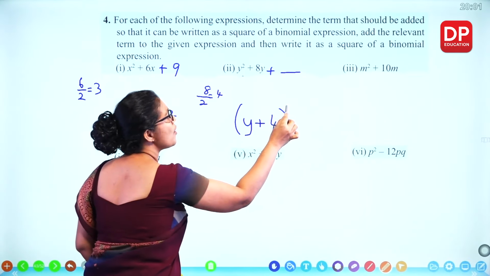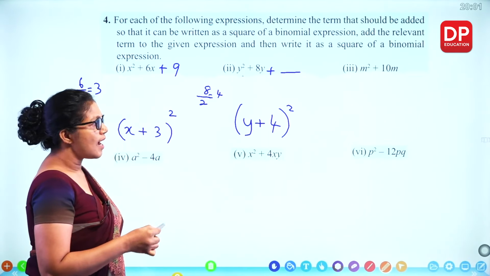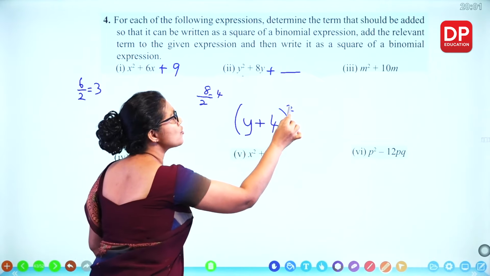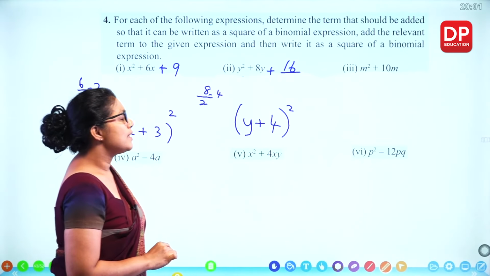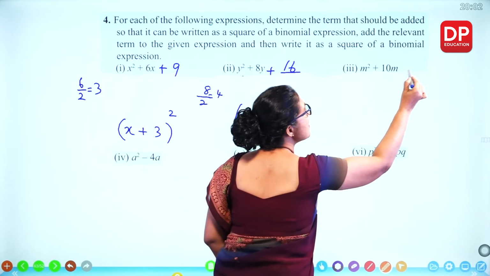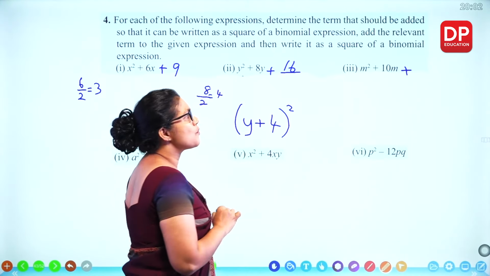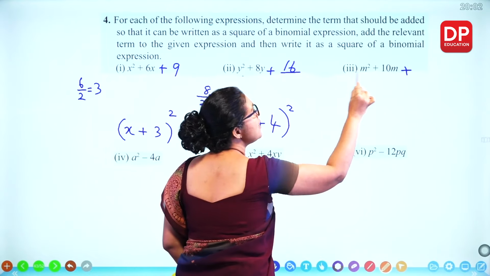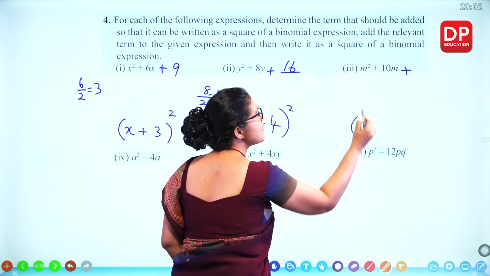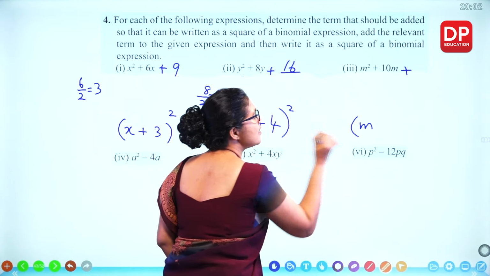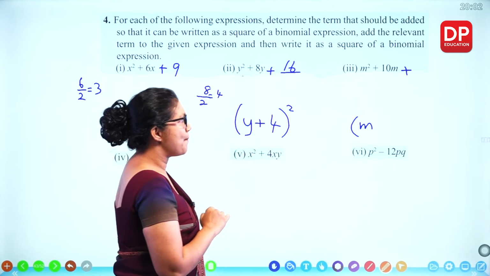And how do you find the square term? Last term squared. So 4 squared is 16. Now we'll take the third one. Similar to the previous one, you need to have a square term. To get the square term, you need to get the square root of m squared. So this first number should be m.